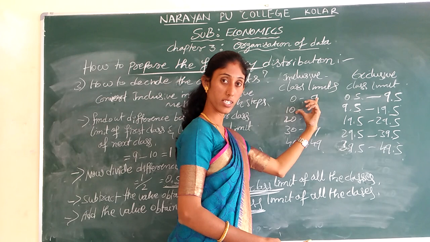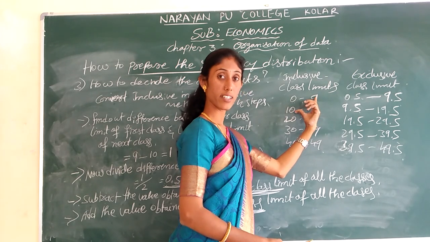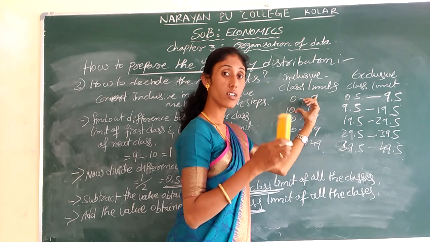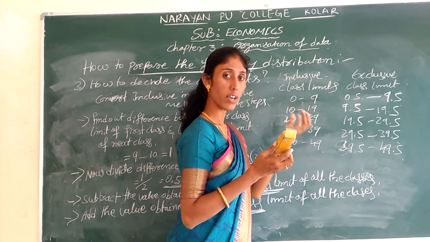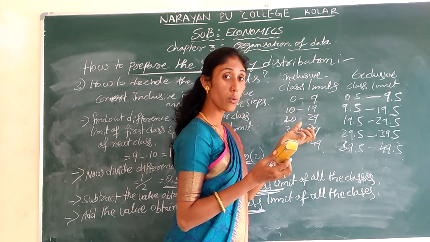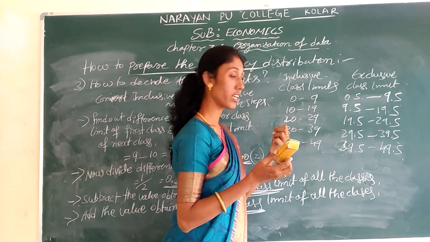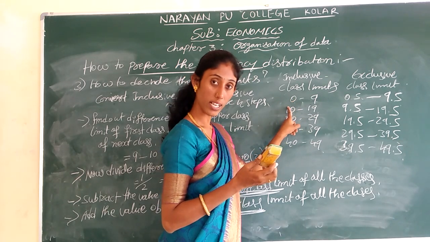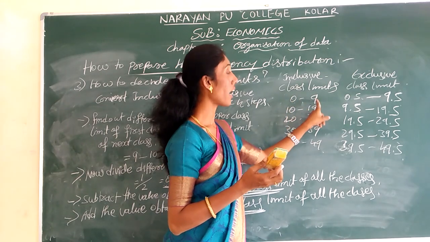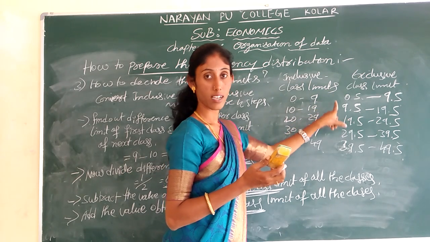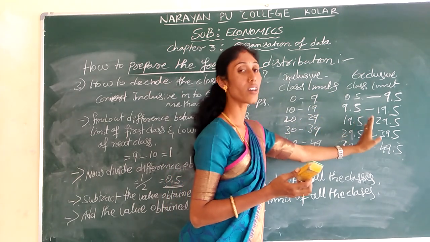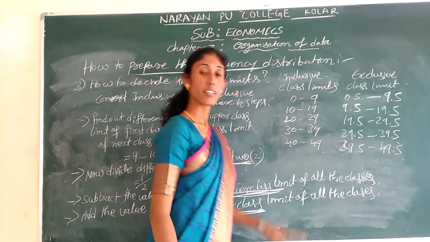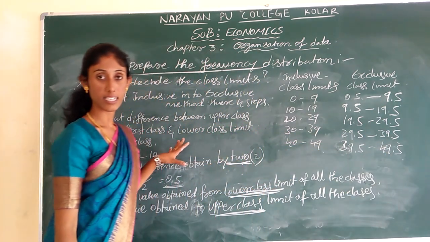First we find the difference, divide that difference value by 2, and the value we obtain we subtract from the lower class limits and add to the upper class limit. Then we are able to convert the data into a continuous format. Understood? This is to decide the class limits.